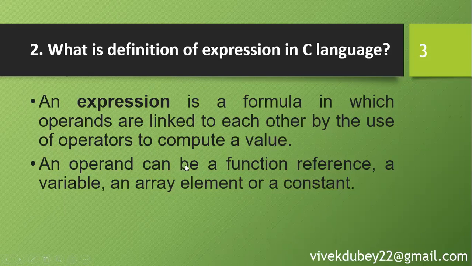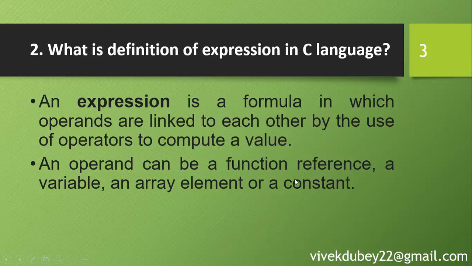Now, operand can be a function reference, a variable, an array element, or a constant. Operand प्रोग्रामिंग लैंग्वेज में कई तरीके के हो सकते हैं, जैसे फंक्शन रिफरेंस या फिर a variable या फिर an element और a constant. So C is equal to 2 plus 3.